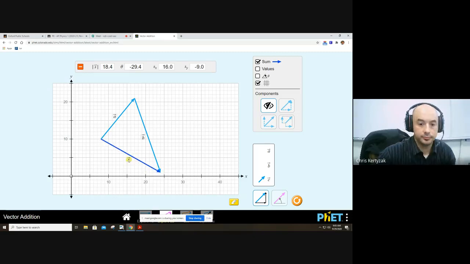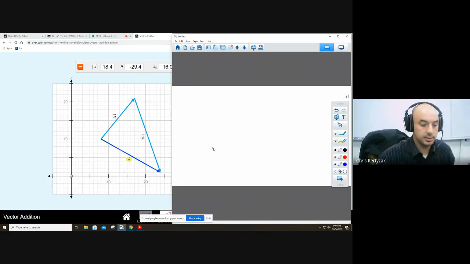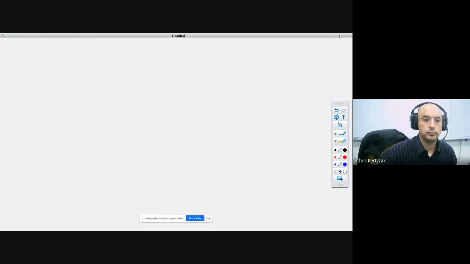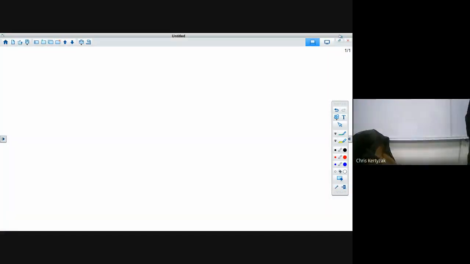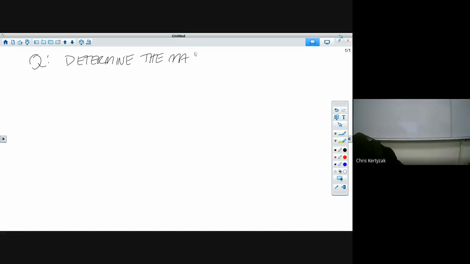Again, this is referred to as determining the magnitude and direction of the resultant vector.